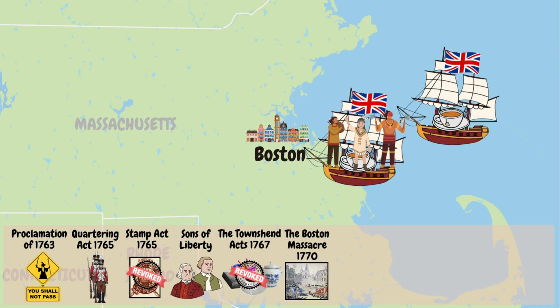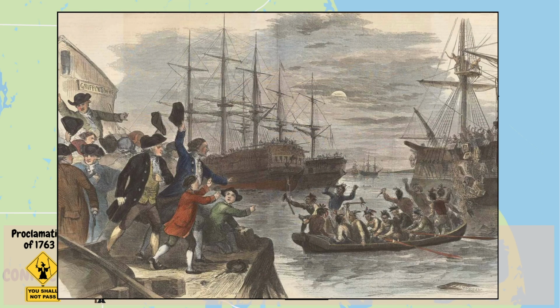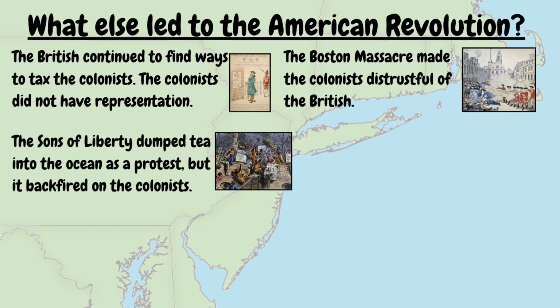There they dumped all of the tea, 342 chests of tea, valued at over $1.7 million in modern currency. This became known as the Boston Tea Party.